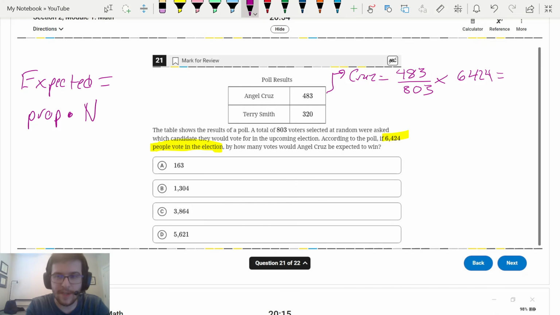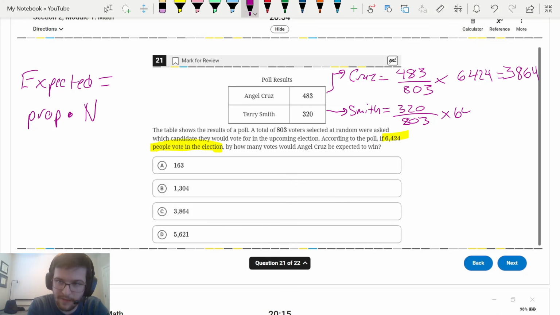And you need to carefully type that in a calculator using a fraction bar. And you should get 3864. And now we're going to do the same thing for Smith. So Smith is 320 over 803 times 6424. And you should get 2560.